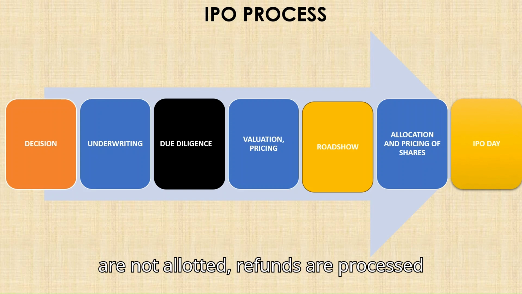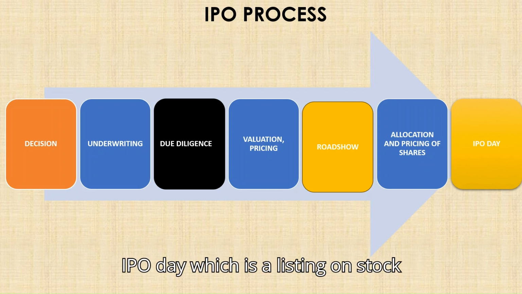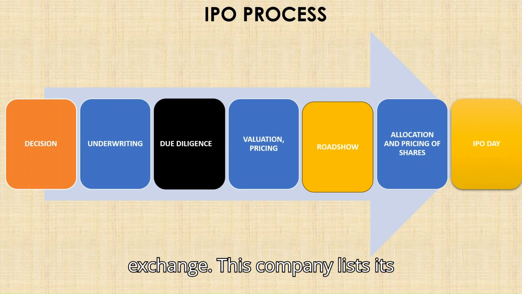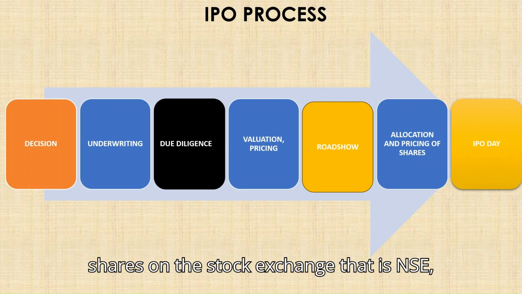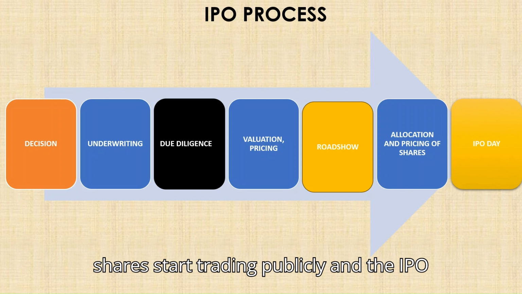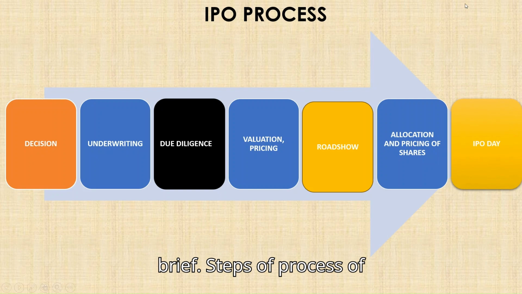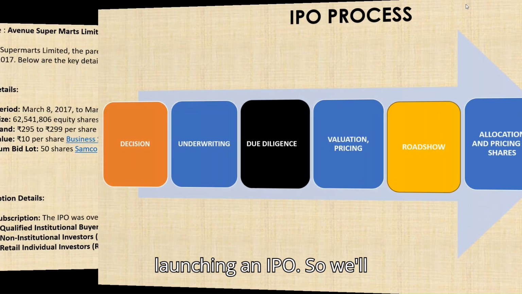If the shares are not allotted, refunds are processed for the unallocated bids. IPO day, which is a listing on the stock exchange. The company lists its shares on the stock exchange, that is NSE, BSE, or NYSE if it is the USA. Shares start trading publicly and the IPO proceeds are received. So these are the brief steps of the process of launching an IPO.